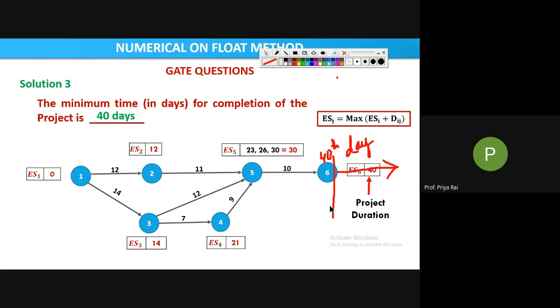This whole project ends at this event. That means a new project will start from here, on the 40th day. New project start means the old project has completed. That's why the completion duration will be the last E value.